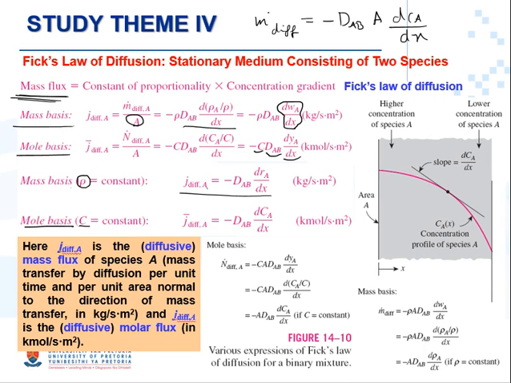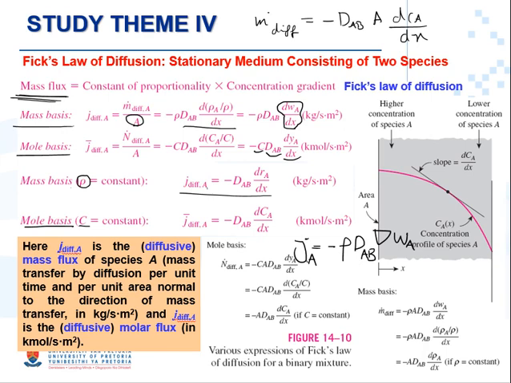The same, we start with one-dimensional mass diffusion, but for 2 or 3-dimensional cases, what we have is J_A, basically for mass base, density, diffusion coefficient, and the gradient of the mass fraction. It's for 2 or 3-dimensional cases.